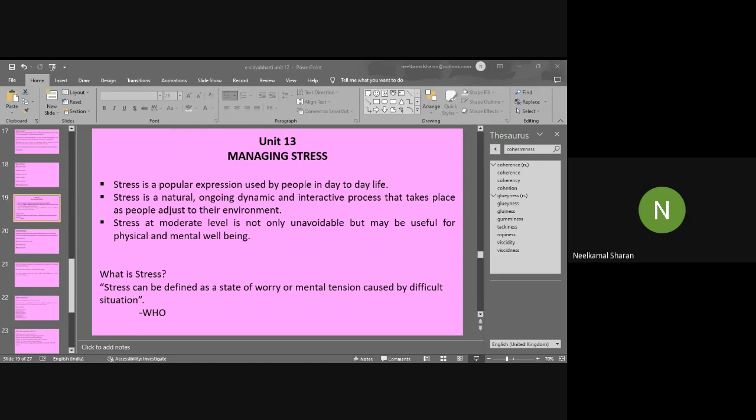Suppose some new responsibility suddenly comes before you, it improves your alertness and performance, and boosts memory also. If your head teacher had not given you this task, how would you know that you have the capacity to complete a task in one day itself? So it is important for your physical and mental well-being.